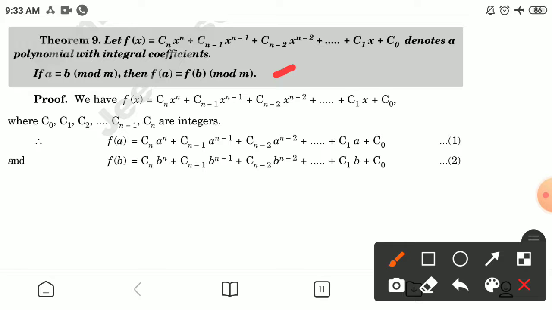We have f(x) given as a polynomial where c0, c1, c2, up to c_n are integers. Therefore f(a) becomes this one, f(b) becomes this one, marking these as number 1 and 2, replacing x by a and b in f(x).